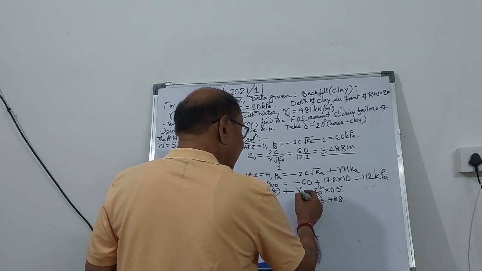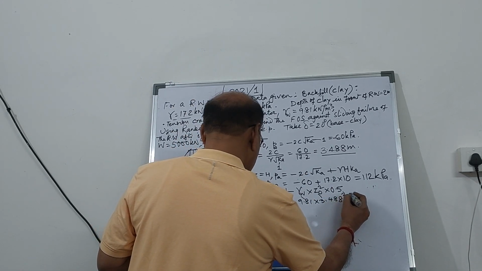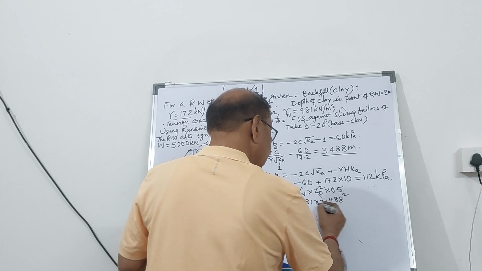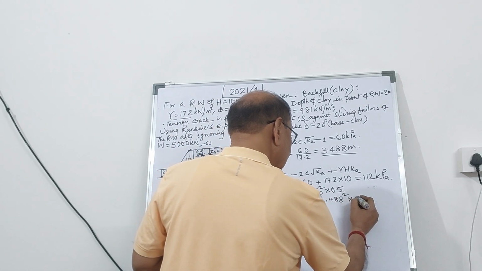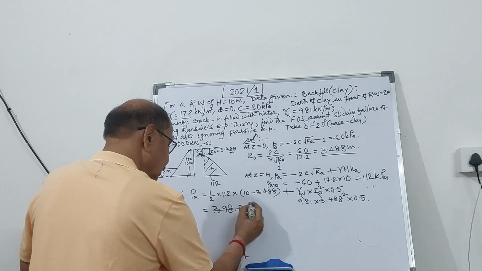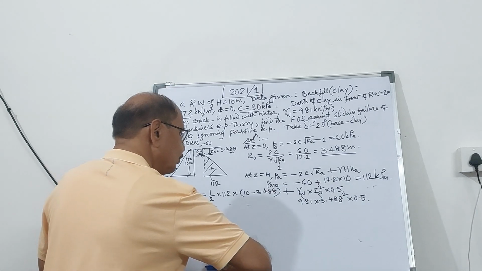So half gamma W ZW whole square. So here you make it a square, and gamma W will be this one into 0.5. So this is the correction. Please make this correction also.